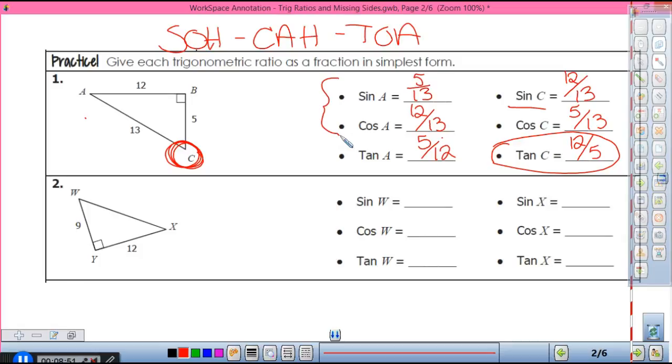So if the longest side is always the bottom in sine and cosine, can it ever be greater than 1? No. In tangent, when we're dealing with opposite and adjacent, there's only one triangle in which one leg isn't bigger than the other. Right? And that would be the 45, 45, 90 when they're equal to each other. But every other right triangle, one leg has to be bigger than the other. That's why I had to go to the chiropractor last night.